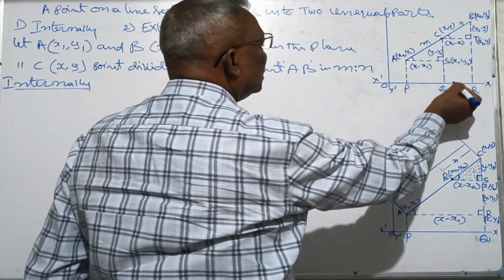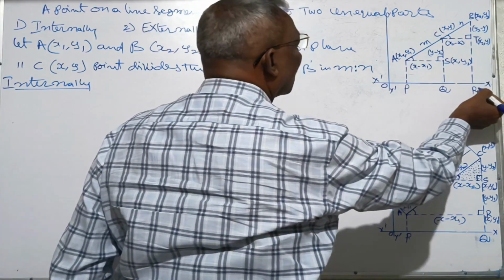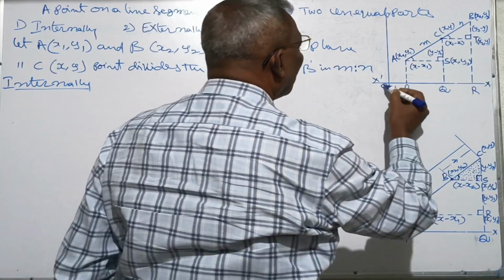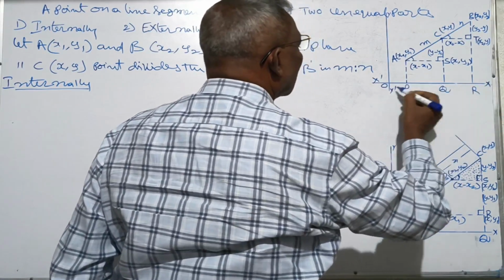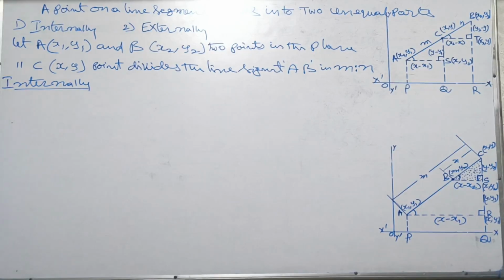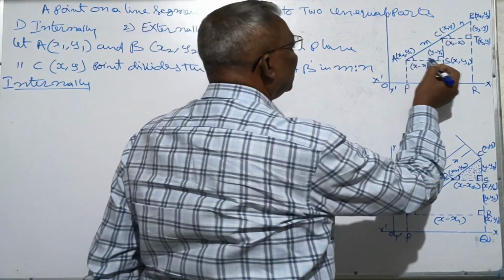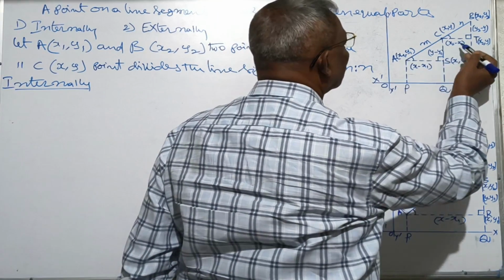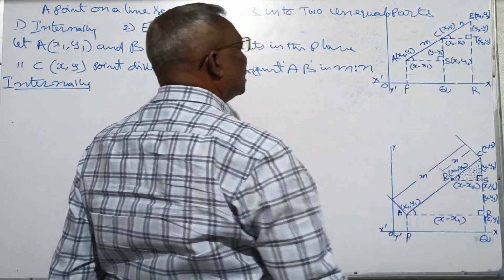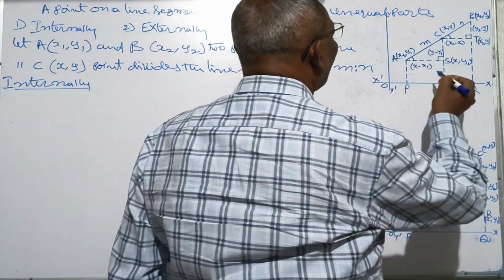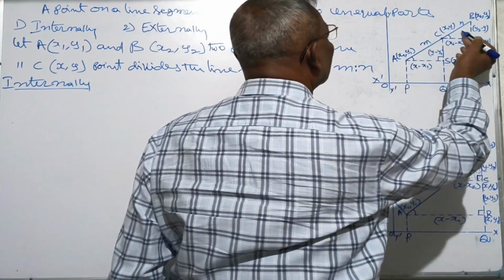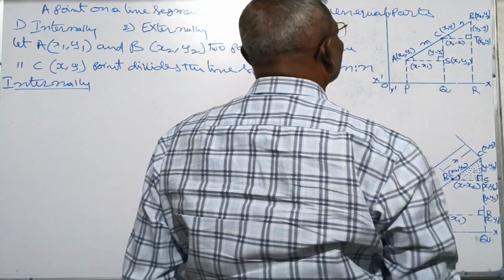AP, CQ, BR, these dotted lines are drawn perpendicular to the x-axis. Next, AS and CT, these dotted lines are drawn parallel to the x-axis, by which two triangles are formed.